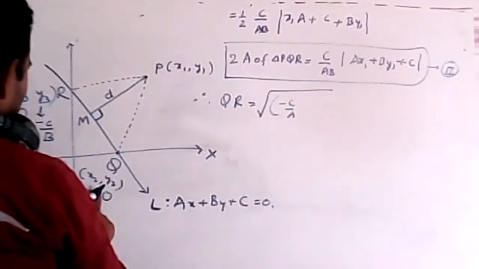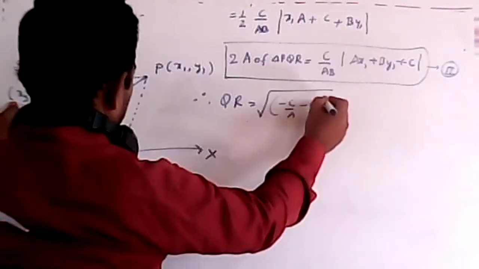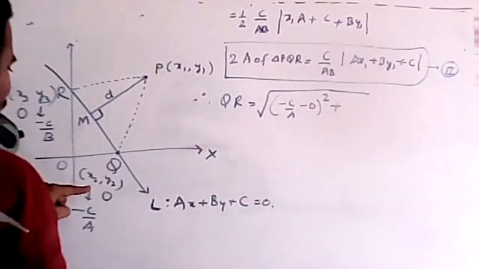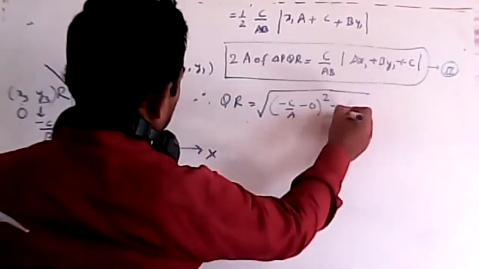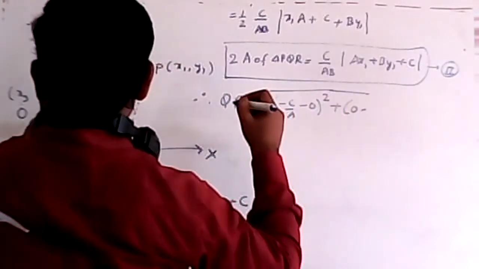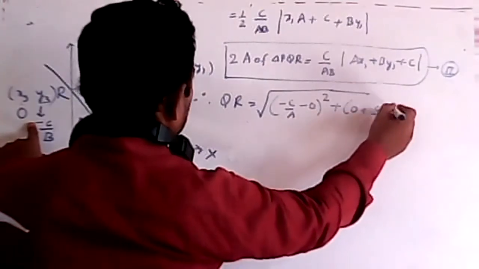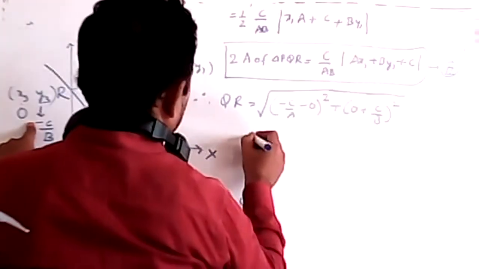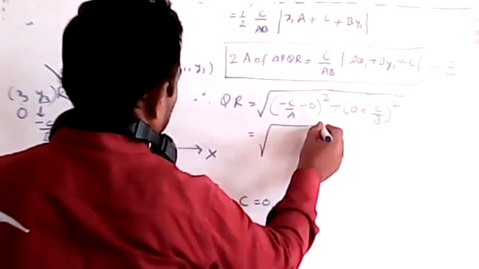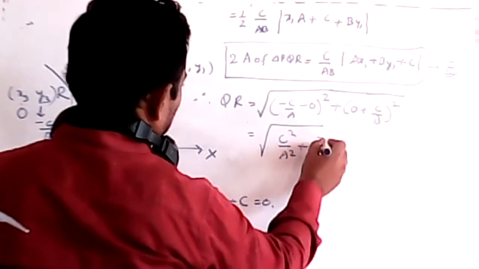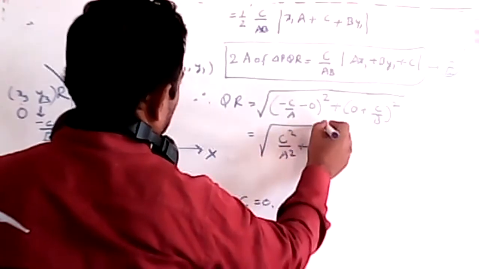x2 minus x3, that's 0 whole square, plus y2 minus y3. y2 is 0. y3 is minus c by b, whole square. So it would be c square by a square plus c square by b square, right?